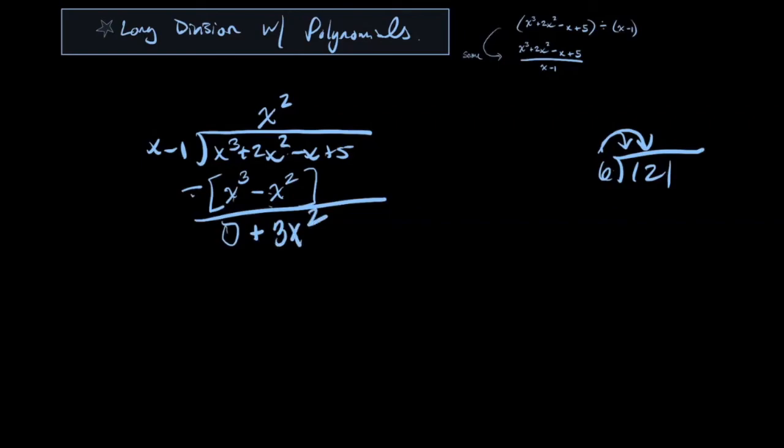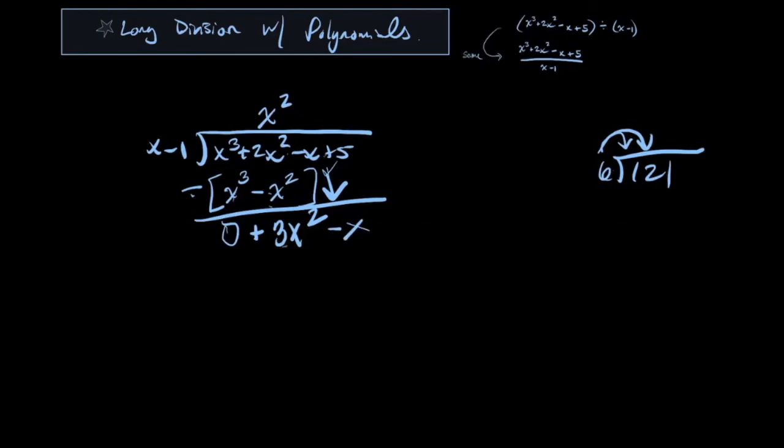And then we have a negative x minus something. That something is 0. So basically we're out of terms here. So what we do is just bring down the rest. Or if you want, we could just bring down the 1, just bring down that x. So I'm going to bring down just the x for now.